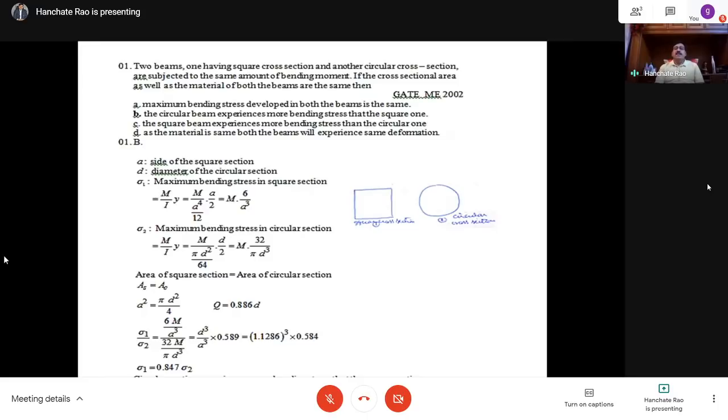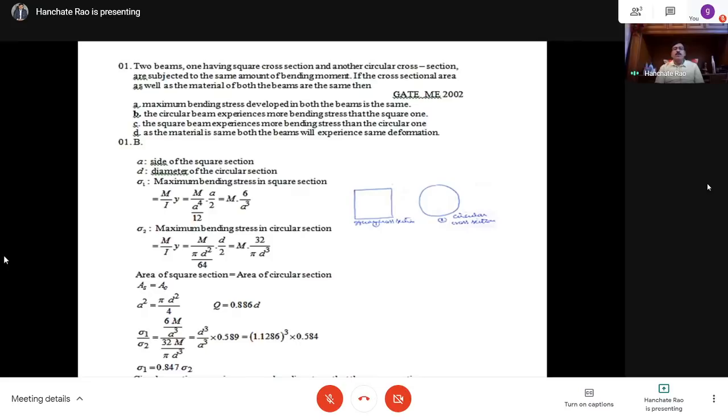So first let us try to understand the problem. Let us say for the square section, the side of the square is A. For circular section, let us say D is the diameter. If you consider the square section, sigma is equal to M by Z, or M by I into Y. I is BD cube by 12, but B is equal to D is equal to A, so A to the power of 4 by 12, and Y is equal to D by 2, that is A by 2.